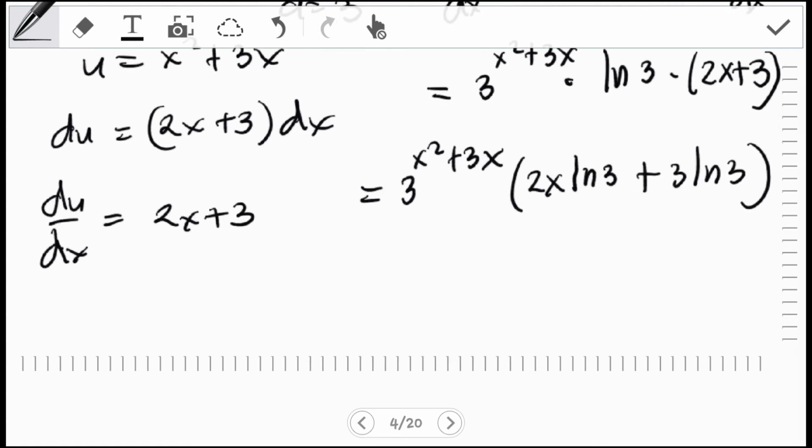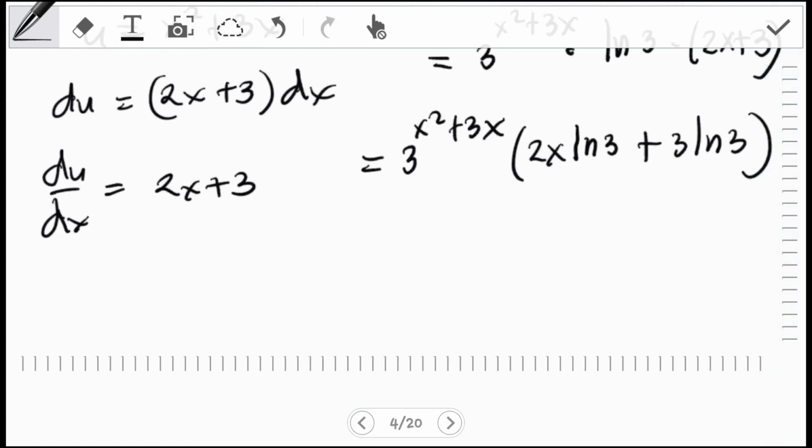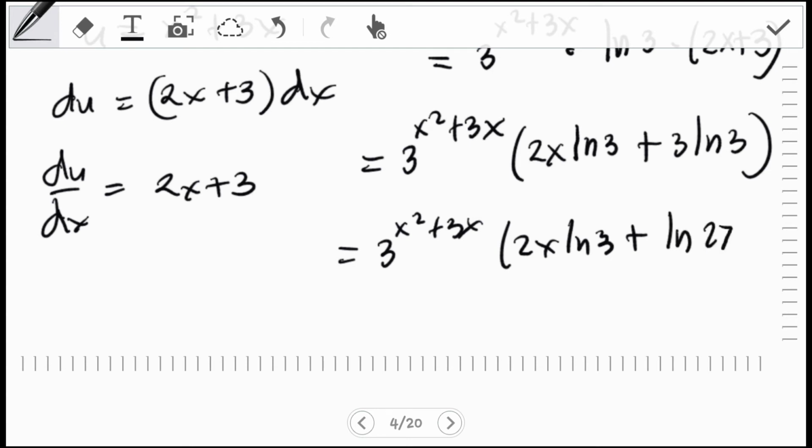Okay, or 3x squared plus 3x times 2x ln 3 plus ln 27, because 3 times 3 is 9, times 3 is 27. Okay, so that is the final answer.